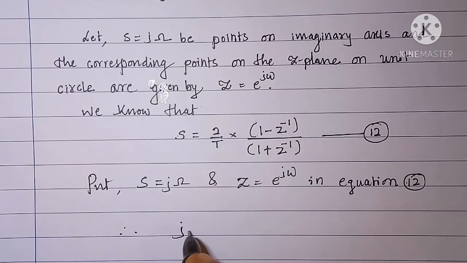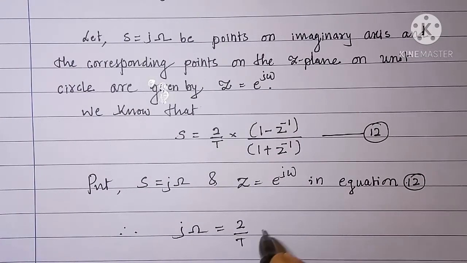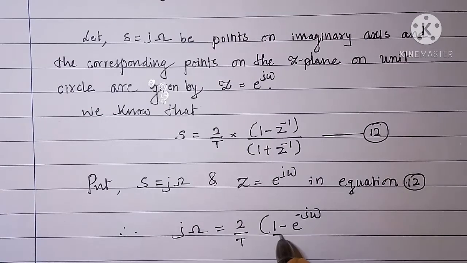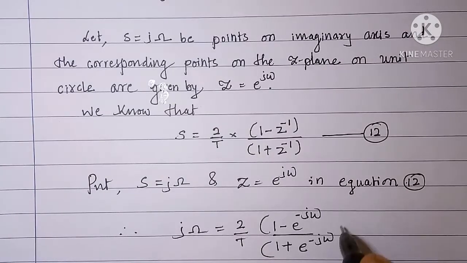Therefore, we get j omega equal to 2 by capital T into the bracket (1 minus e raised to minus j omega) upon (1 plus e raised to minus j omega).